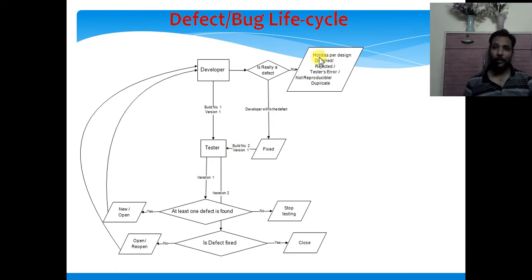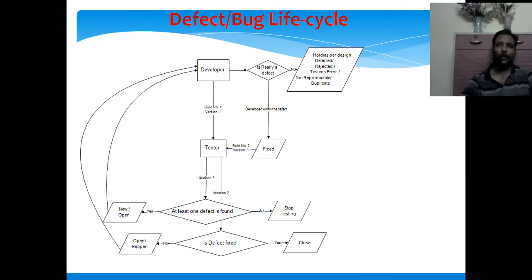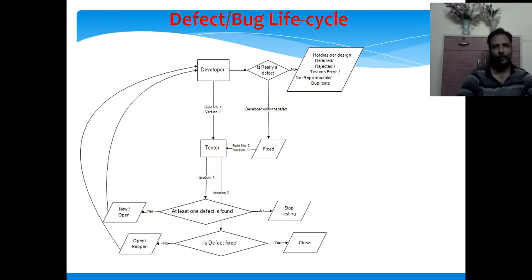So this is another thing, hold. First we'll talk about hold. What is this hold? Suppose he checked whether it is really a defect or not, and whether the defect is reproducible or not. Suppose the defect is reproducible, but he might not have some resources to fix that defect, like the hardware, or the support of some human resources.